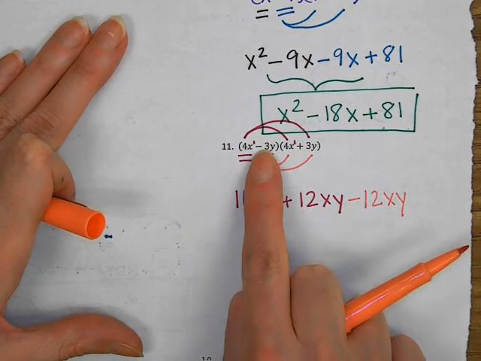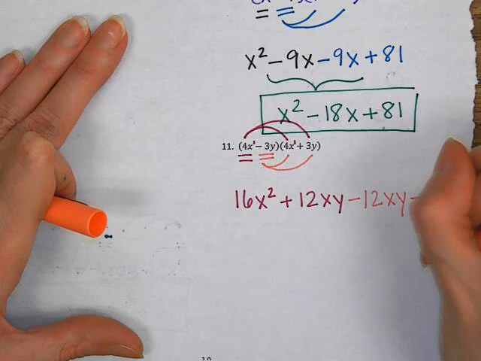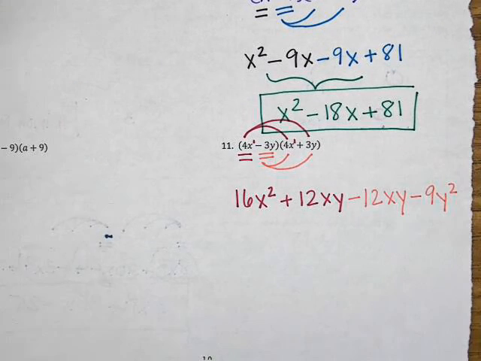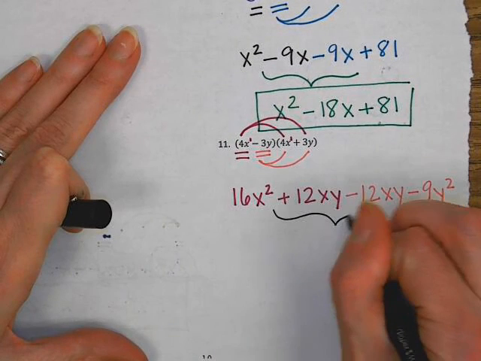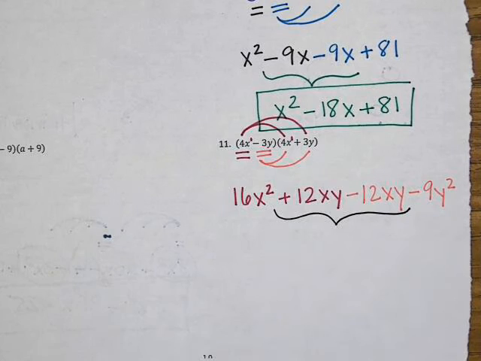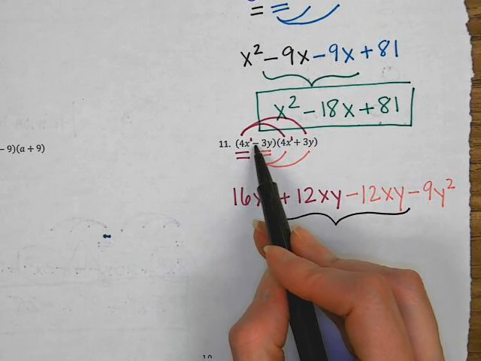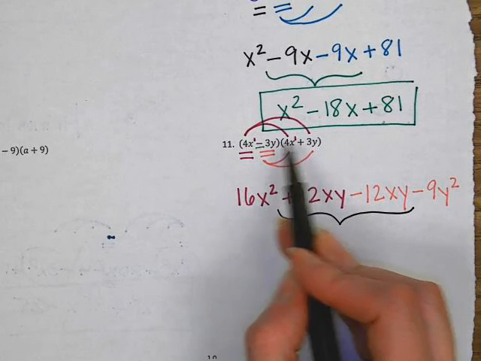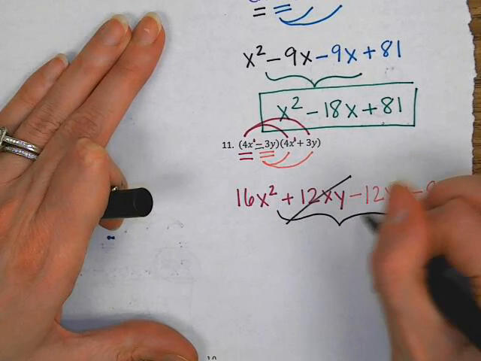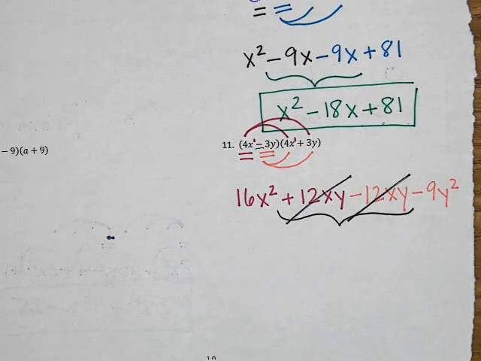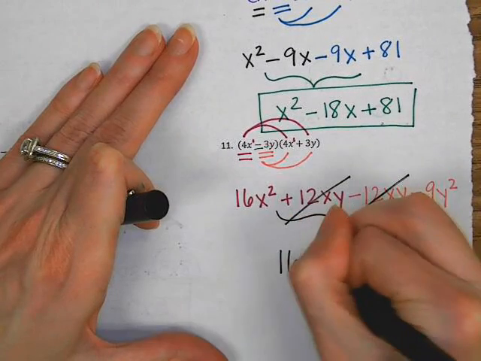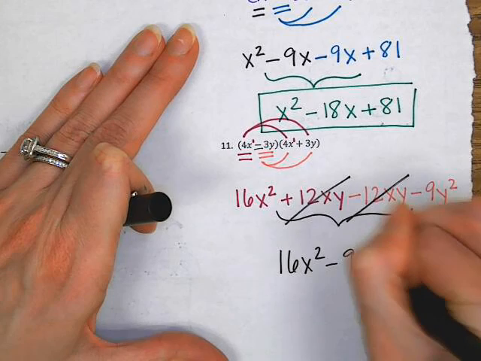And then negative 3y times 3y is negative 9y squared. Okay, if there's any like terms, you want to add them together. 12xy minus 12xy. Oh, don't those cancel? This is that trick when they're exactly the same but opposite. The middle terms will cancel. And final answer is 16x squared minus 9y squared.